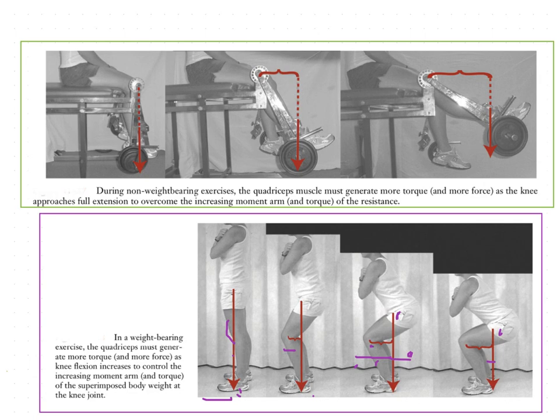Okay, so the quadriceps muscle functions differently depending on the activity or exercise condition. During non-weight bearing knee extension, the moment arm of the resistance is minimal when the knee is flexed to 90 degrees, but increases as the knee extension progresses.